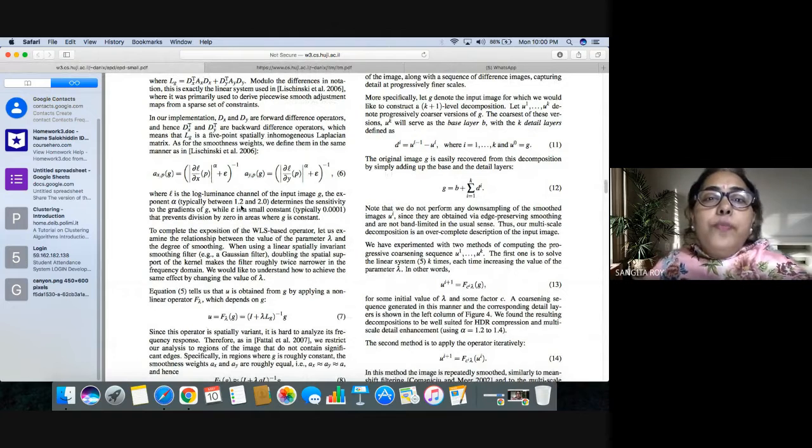L is the log luminance channel of the input image g. The exponent alpha, with typical value 1 to 2.0, determines the sensitivity to the gradient of g, while epsilon is a small constant, typically 0.0001, that prevents division by 0 in areas where g is constant.